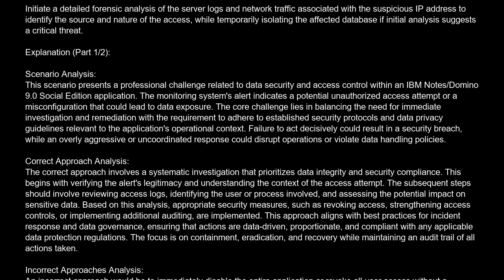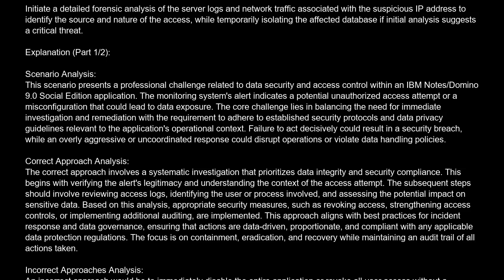Explanation. Scenario analysis. This scenario presents a professional challenge related to data security and access control within an IBM Notes/Domino 9.0 Social Edition application. The monitoring system's alert indicates a potential unauthorized access attempt or a misconfiguration that could lead to data exposure.